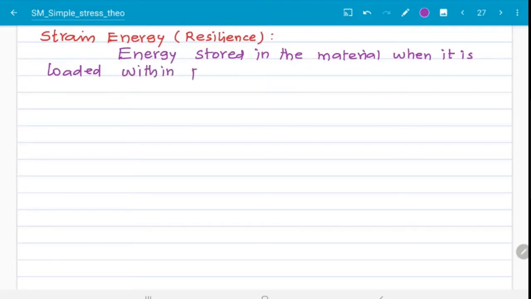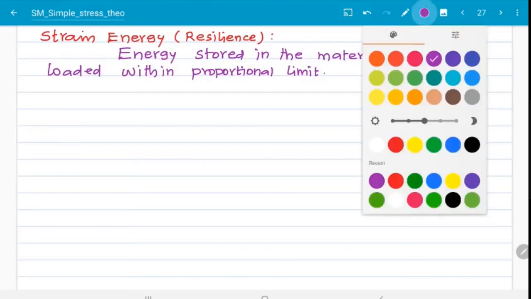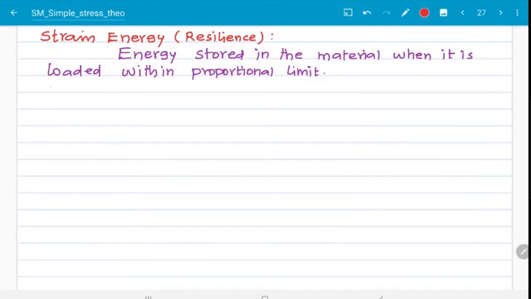Within proportional limit. Right. Strain energy is recoverable. Strain energy is recoverable. Recovered while unloading. Right.